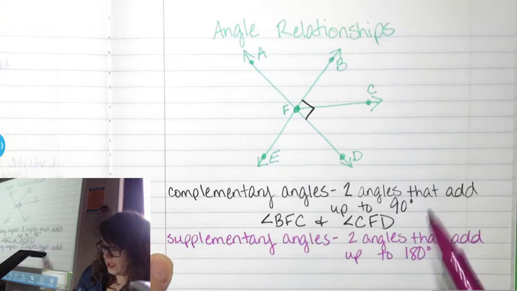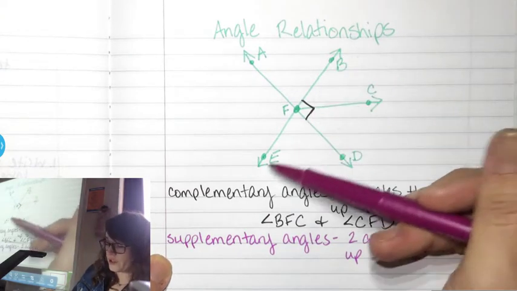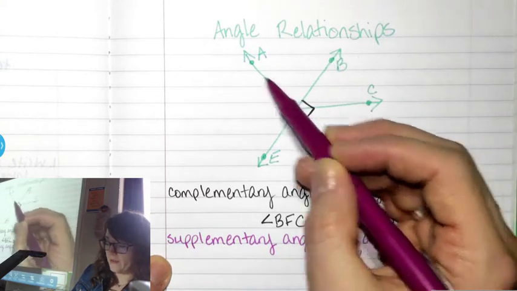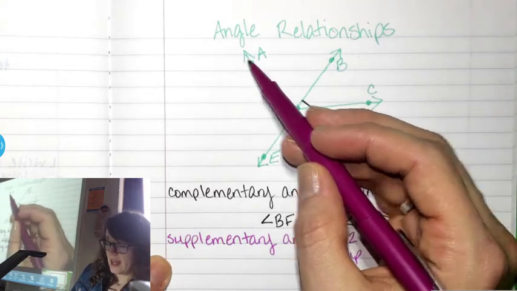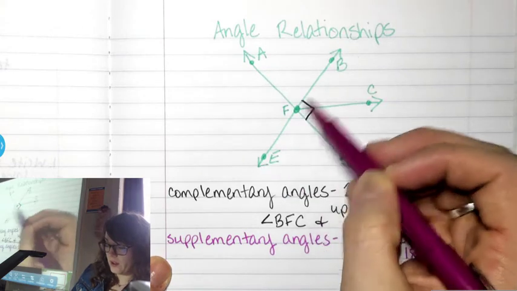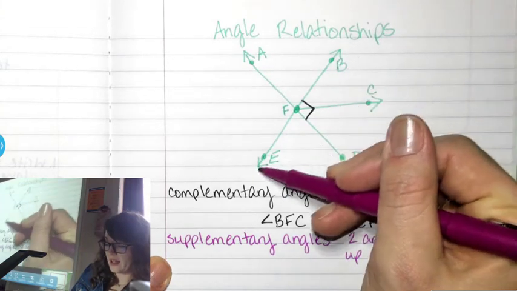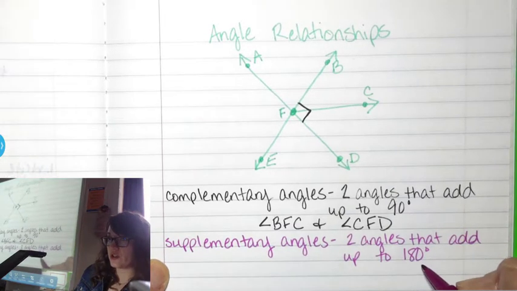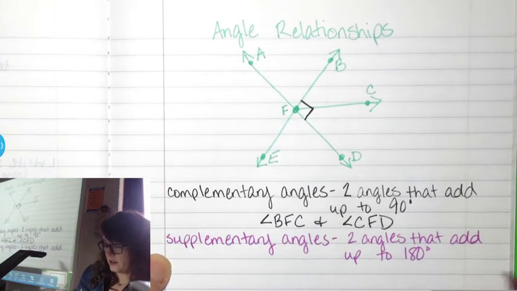So two angles here, you're looking for a straight line. Angle BFA and AFE make a straight line. 180 degrees is a straight line.